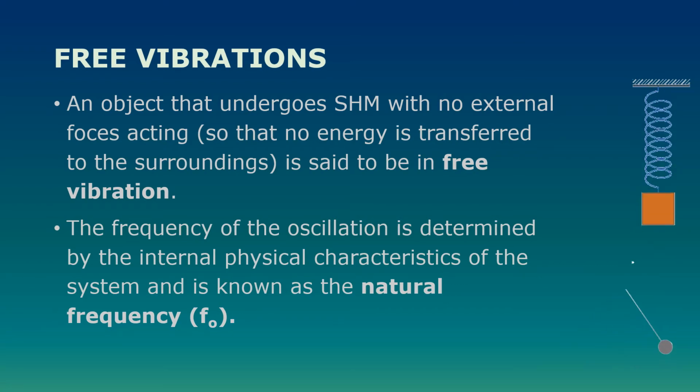The frequency of that oscillation, as we've looked at in different circumstances, the spring mass and the pendulum system, is determined by the physical internal characteristics of the system, and therefore that's known as a natural frequency, which is sometimes designated the symbol f0, as you can see there. So the natural frequency is the frequency that it will oscillate at if you just leave it alone.